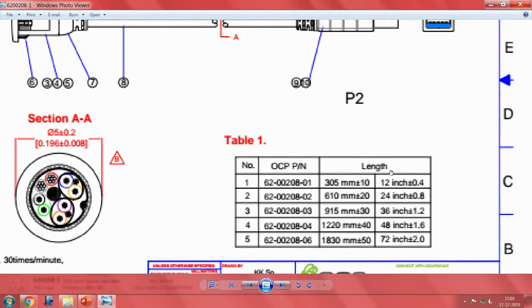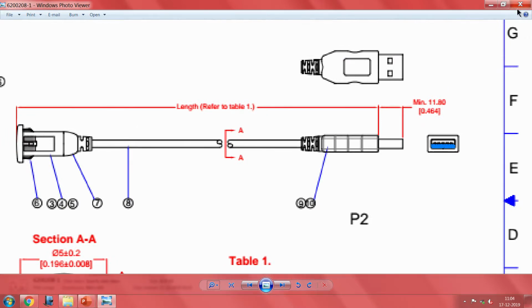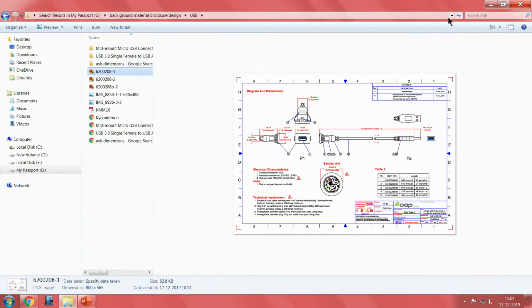So you have 30 centimeters, 60, then 90 and so on, up to 1.2 meters, 1.8 meters, all these are available. The most important thing is they are interchangeable. You can get an alternate source in case this fails, and where the documentation is there, there is very little chance of things failing.